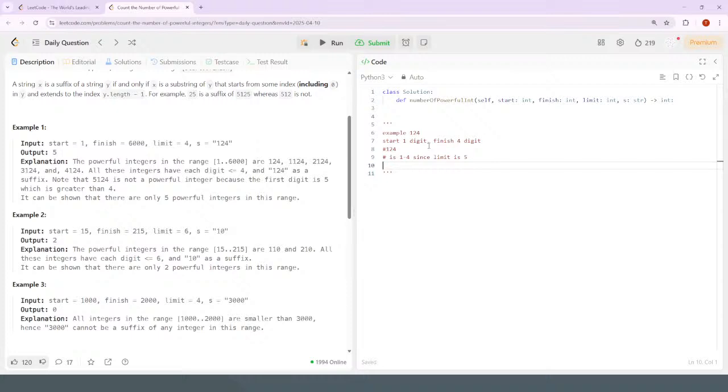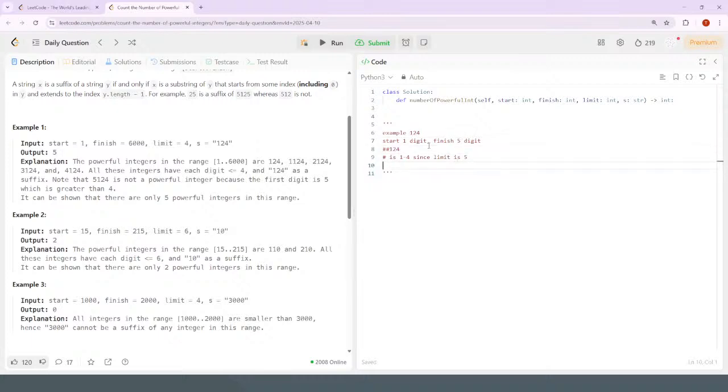And if the finish was bigger, like a 5-digit number, then you'd have multiple leading digits.